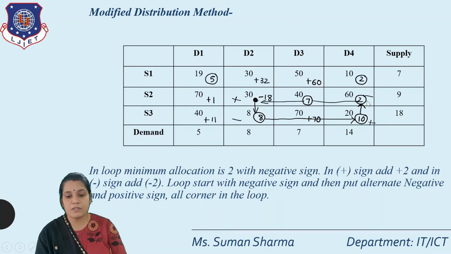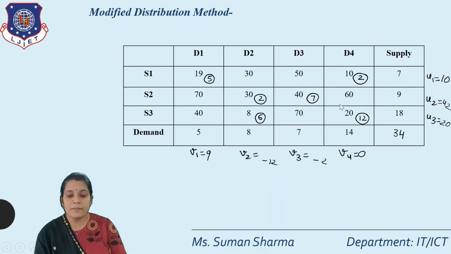Okay, next step is what? Next step is according to your negative sign. So see here the negative sign is allocation 8 and here allocation 2. So consider the negative sign and the minimum allocation. So what is the minimum allocation? 8 or 2? The minimum allocation is 2. Okay, so you consider the number 2.